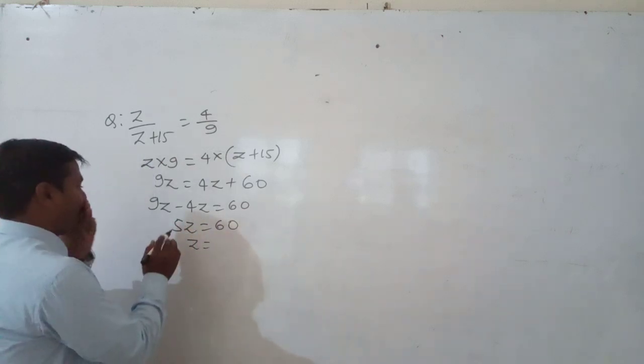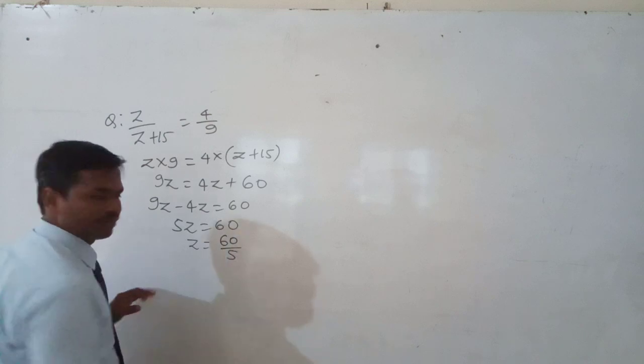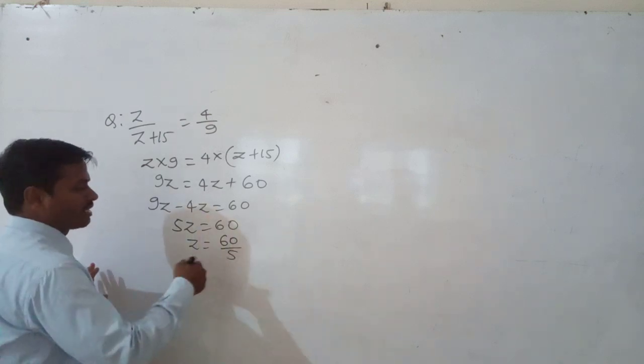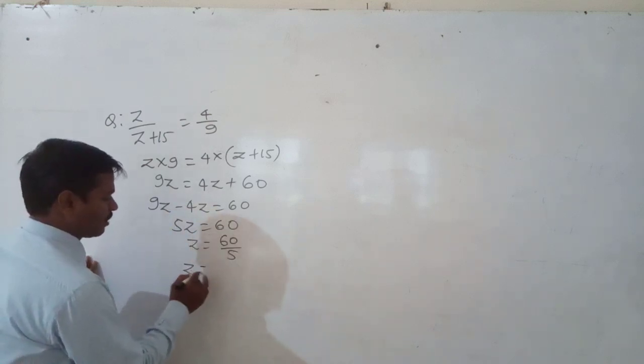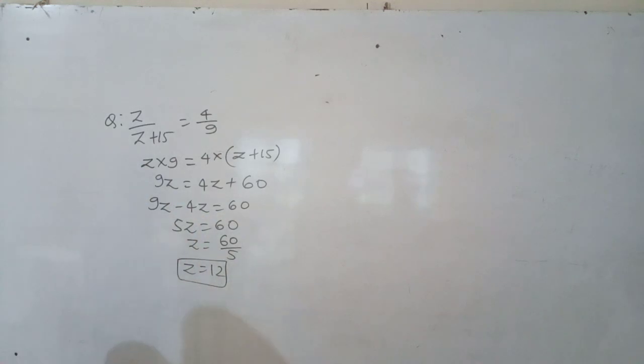Multiplication will become division. z equal to 60 divided by 5. 5 twos are 10, z equal to 12. We are getting z equal to 12 here.